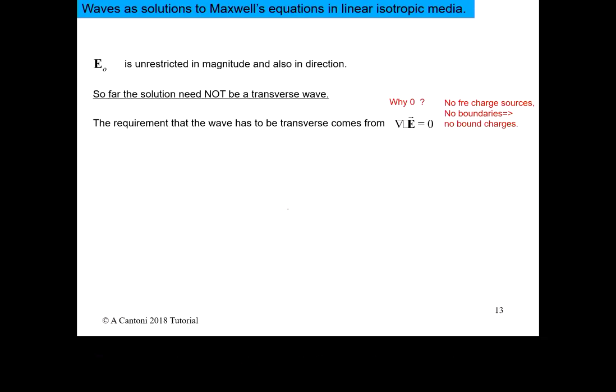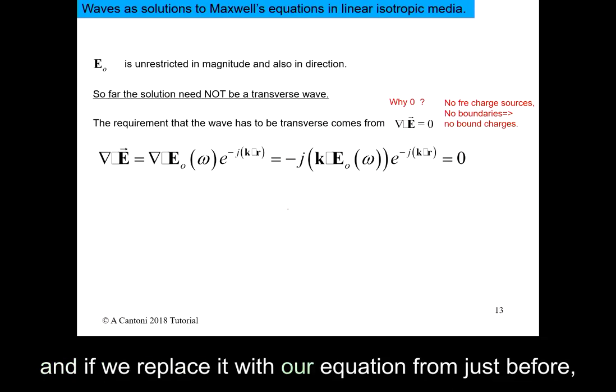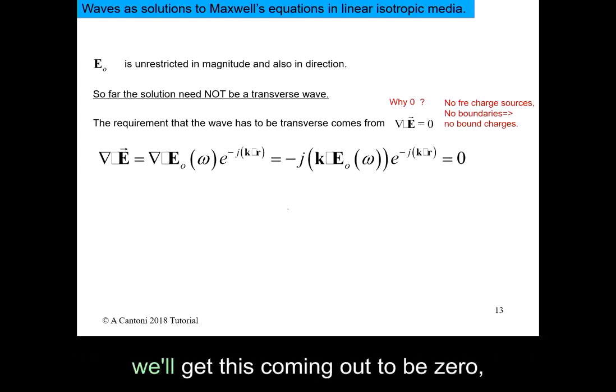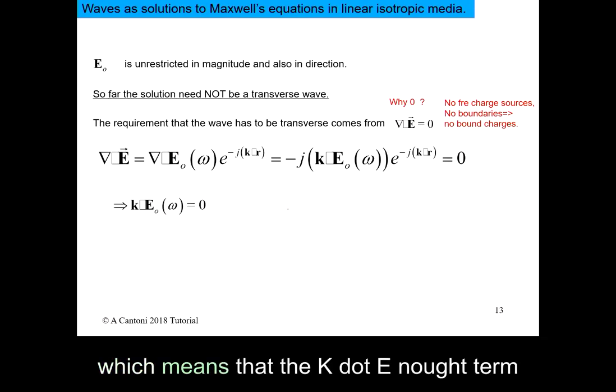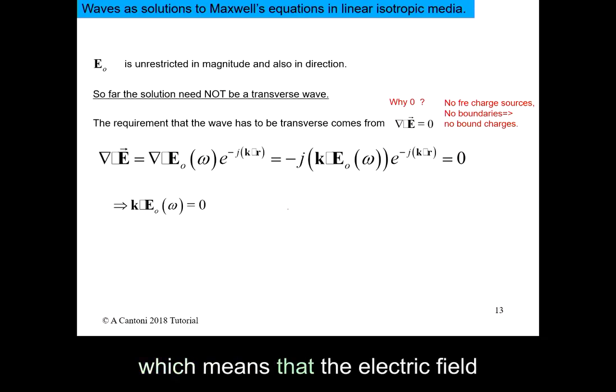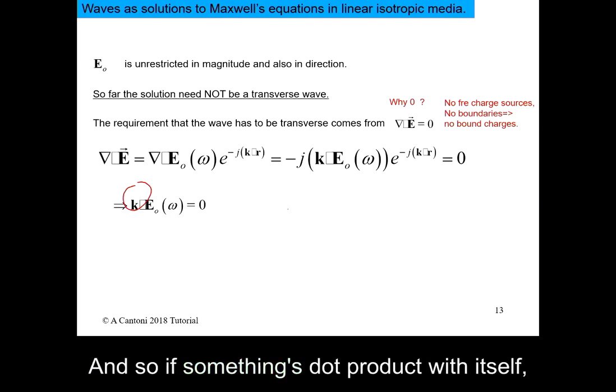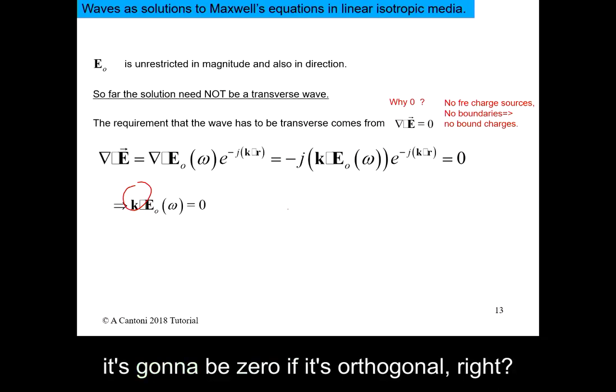If we replace it with our equation from just before, the K dot E naught term has to be 0, which means the electric field can't be in the same direction as the propagation direction, because this K represents the direction of propagation.